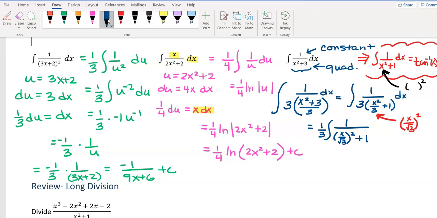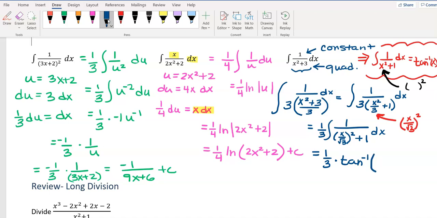So now we have whatever that term is being squared and adding 1. And so now this is in the way an inverse tan integral would be written. So we can go ahead and take that. It's going to be 1/3 in front times inverse tan, or arctan if you prefer to call it that.